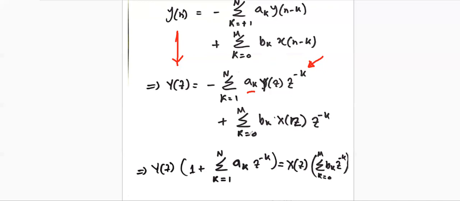Similarly, plus the summation of b_k, the coefficient remains the same, X(z) z to the power minus k, where k shows the delayed values of the input.